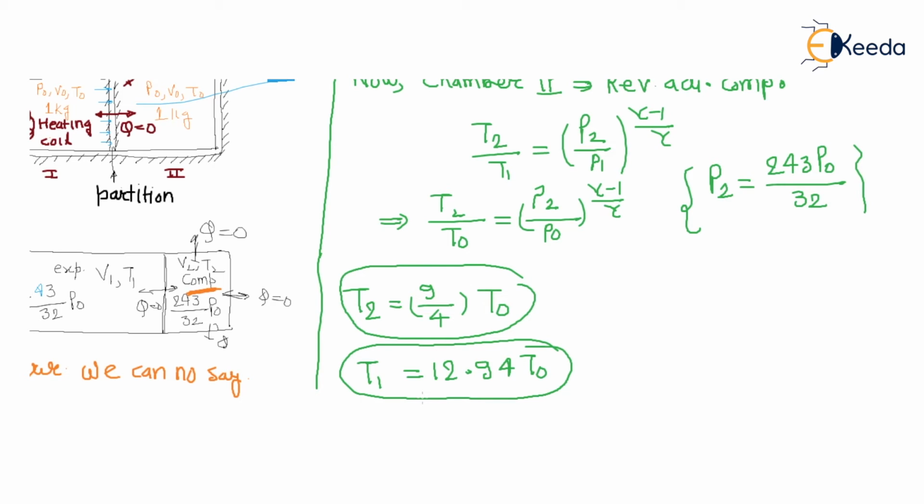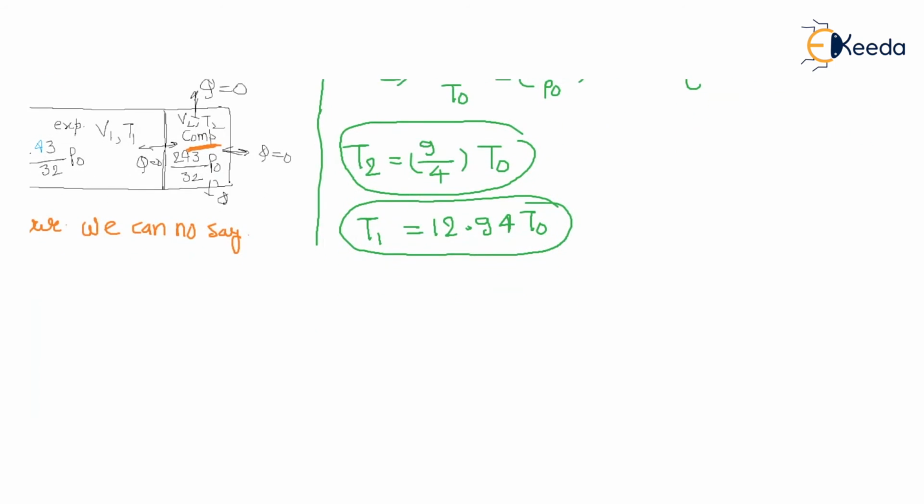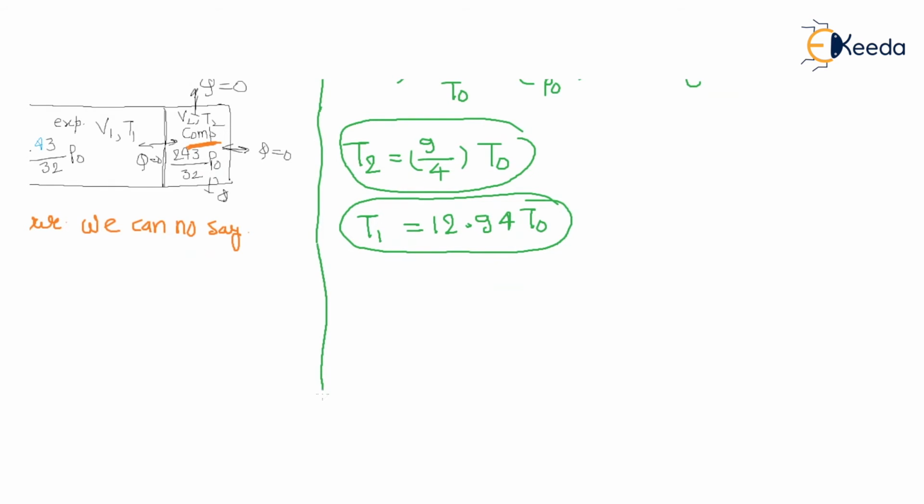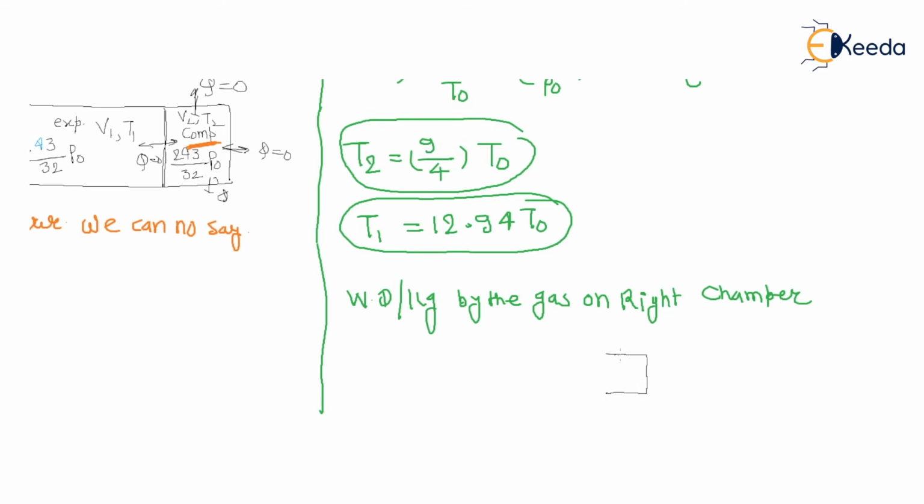Now the second part says work done per kg by the gas on the right chamber. See, if this is your chamber, steadily it is expansion.